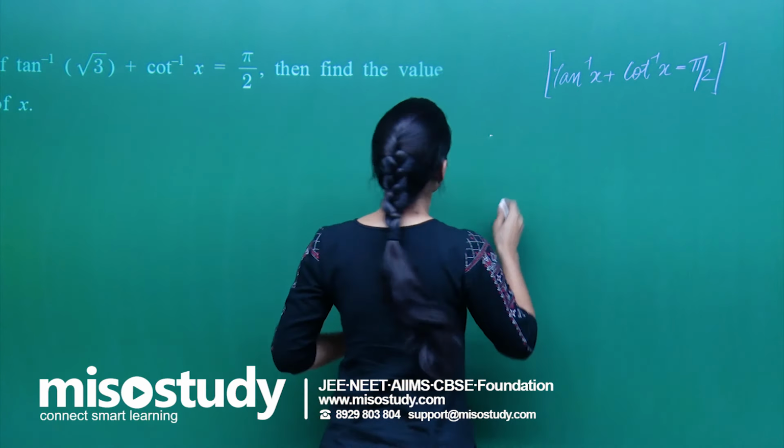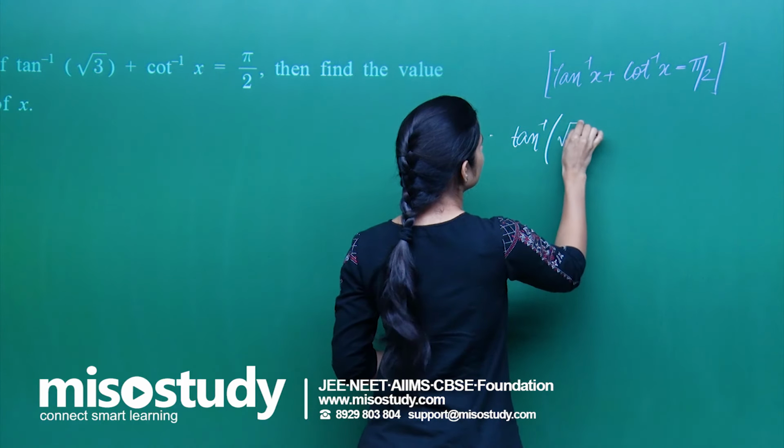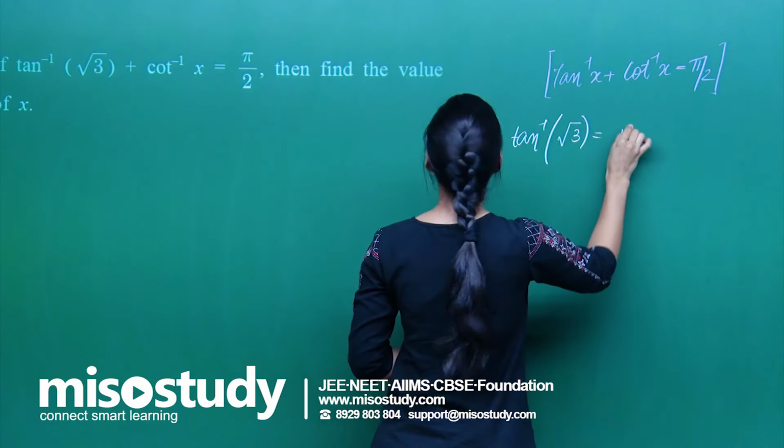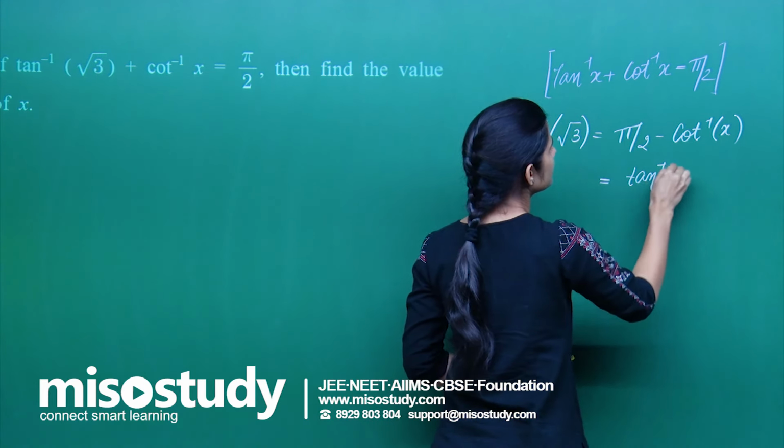So in here I would be writing tan inverse root 3 equals pi by 2 minus cot inverse x.